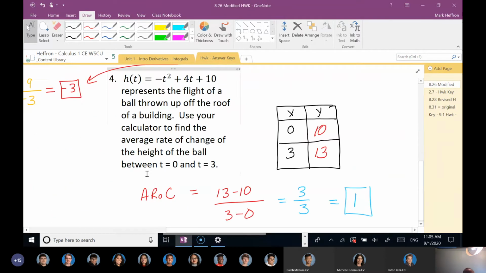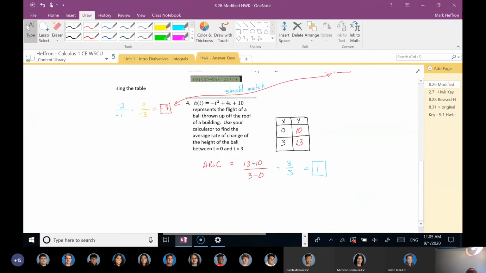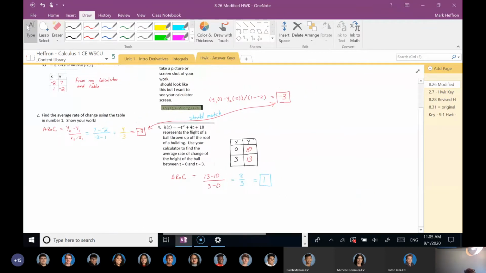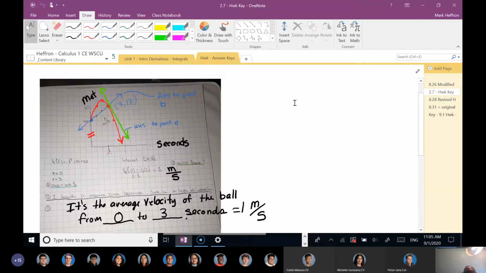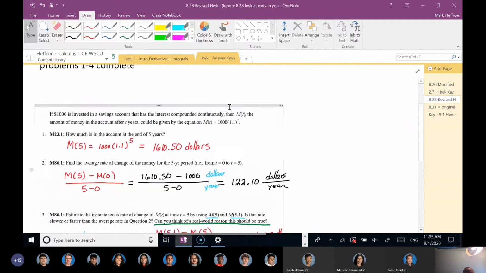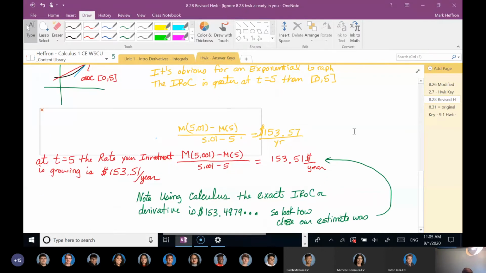For 8/25-26, that modified homework, I have an answer key. This is especially helpful for somebody like Arlie, who may have joined late. She can go by and see what the homeworks were and what the answers were. 2.7, homework key. We revised 2.8, but here are the answers.